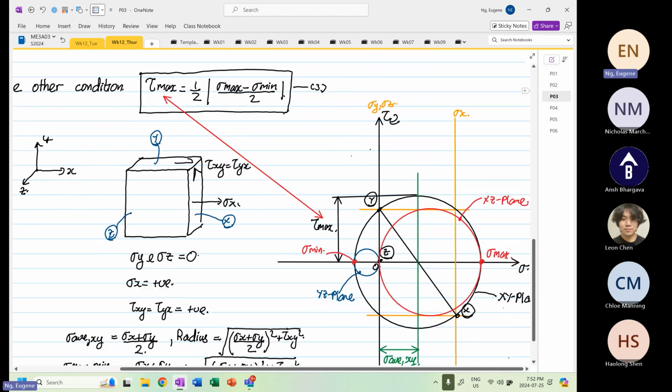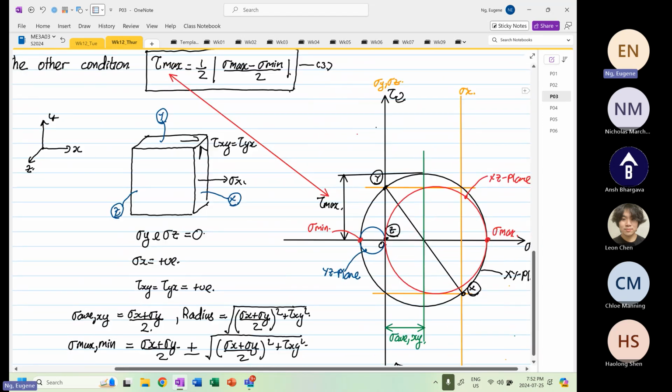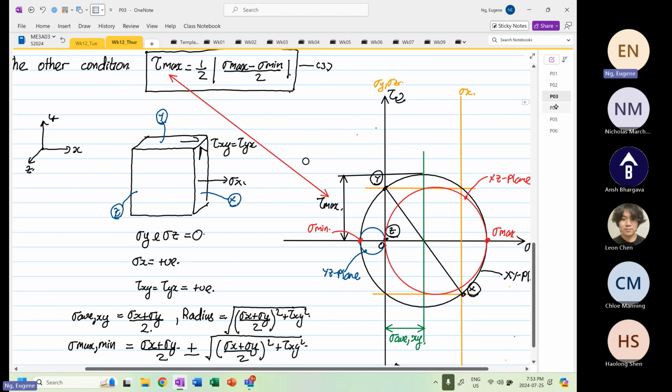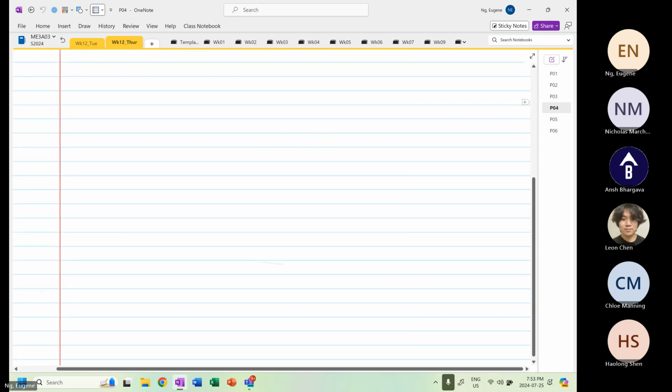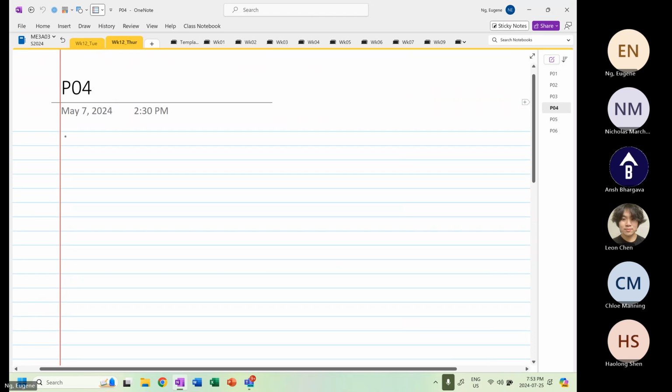So now if we were to plug back into equation number 3, so using equation number 3, right? We will have stress max is equal to stress x plus stress y divided by 2 plus. You have the whole thing you square root, okay? Stress x plus stress y divided by 2 squared plus shear xy squared.